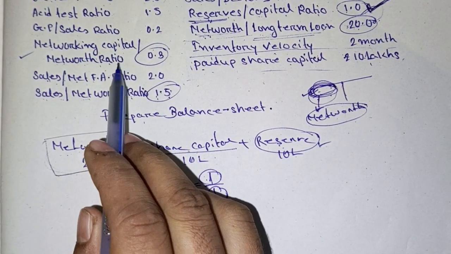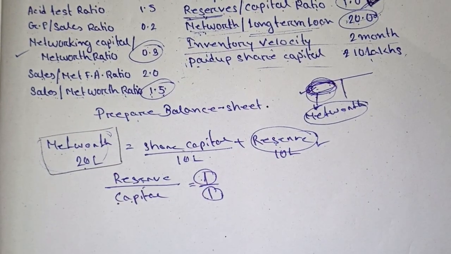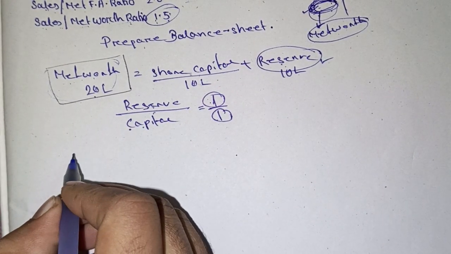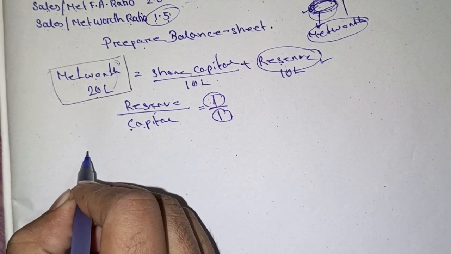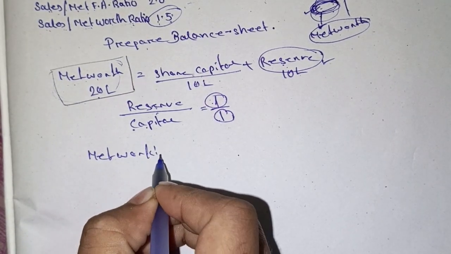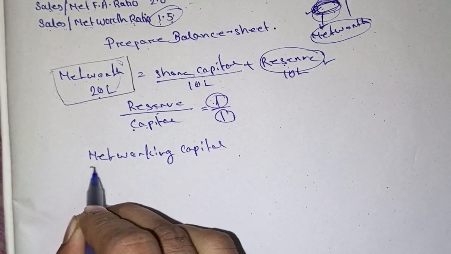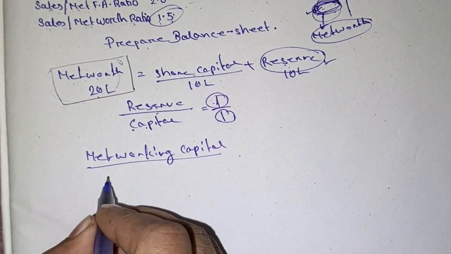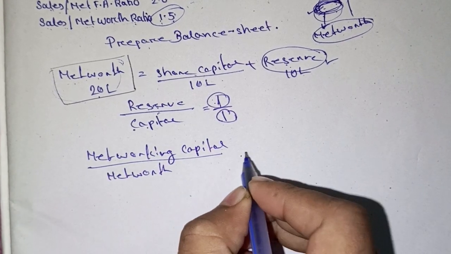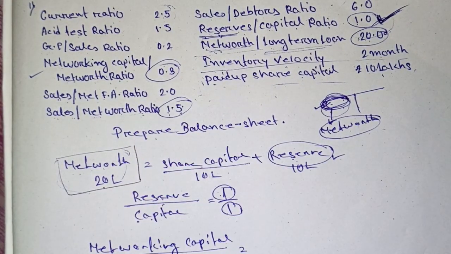Okay, it will be 0.3. So write it here. Net working capital divided by net worth. How much? The ratio is given 0.3.